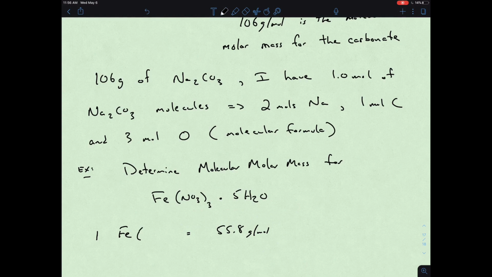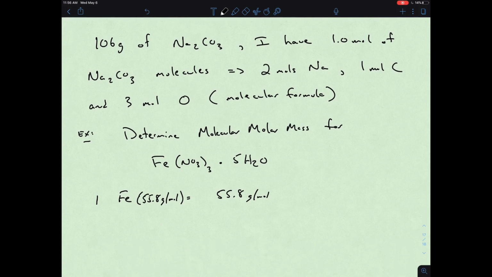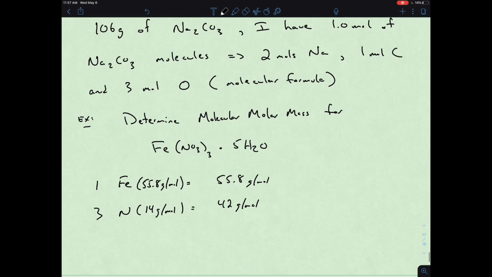And that's the atomic molar mass for the iron. If we look at our nitrogen, there's actually 3 of them, each of 14 grams per mole, gives us 42 grams per mole. If we look at our oxygens, actually I have quite a bit.